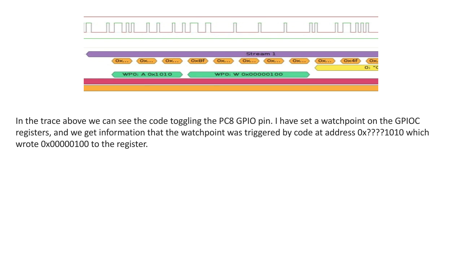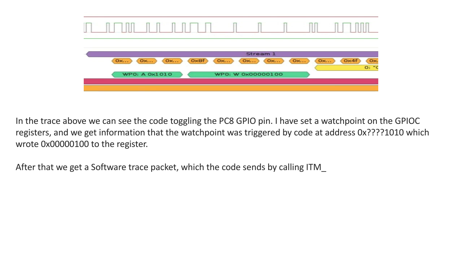After that, I repeat, we get a software trace packet which the code sends by calling ITM print 0 comma on. The 0 is the port number. There are 32 ITM trace ports which can be used to keep prints from, for example, interrupts and other codes separate from each other.